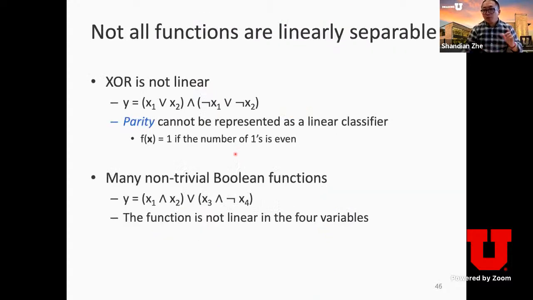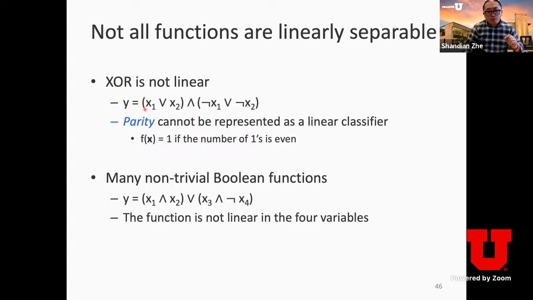Such functions in the Boolean function space include the XOR function. XOR is a very commonly used Boolean function, used everywhere, like digital circuit design, whatever, right? And what is XOR?